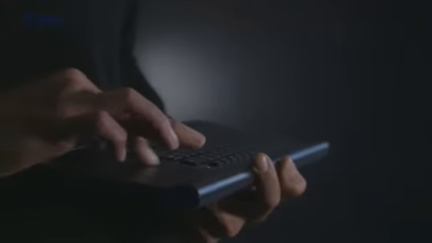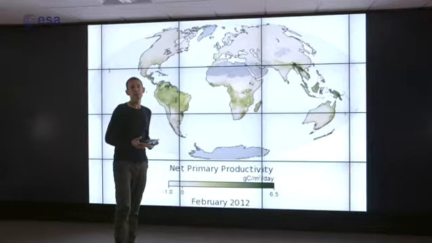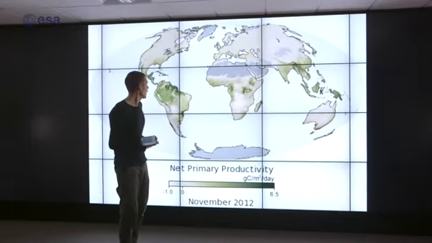So this is data from the same set of satellite observations that I showed before, but now we've transformed the satellite observations into something that tells us about how much carbon is being grown and stored in different parts of the Earth at different times of year. It's the amount of carbon per unit area per unit time. How much carbon is being absorbed and stored by vegetation on the Earth's surface over a given time period, typically a month or a year.